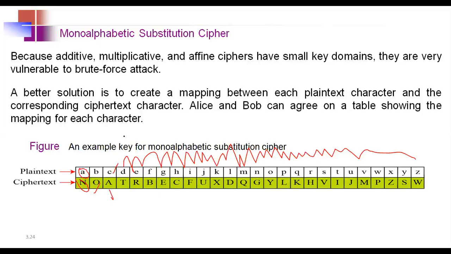At the time of decryption, by using the same mapping, they convert it back into the plain text. So here the chance is very low for the attacker to analyze the ciphertext.